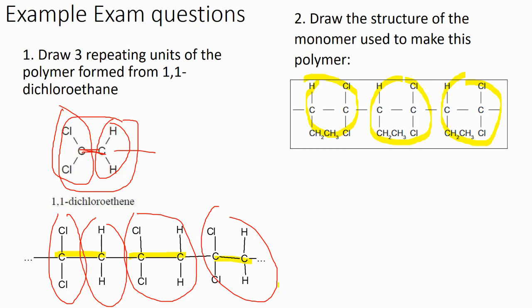So all we need to do is to draw a carbon-carbon double bond there. And then this carbon has a hydrogen and this group here, either you can draw it like that or you can draw it like that, is fine. And this carbon has 2 chlorines. So you can see I've drawn the 2 chlorines on there. So that was the monomer used to make this polymer.